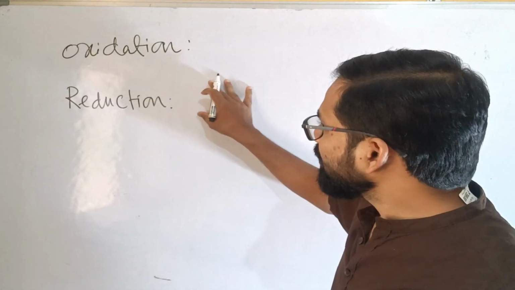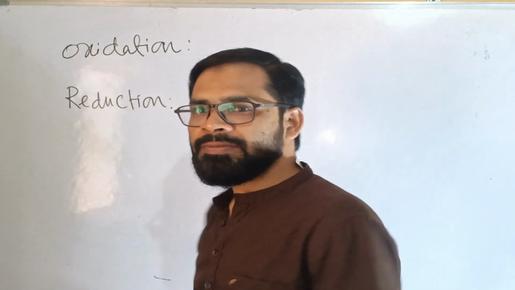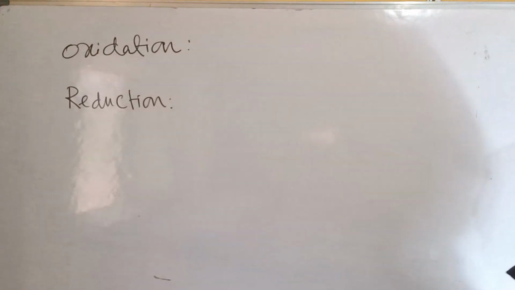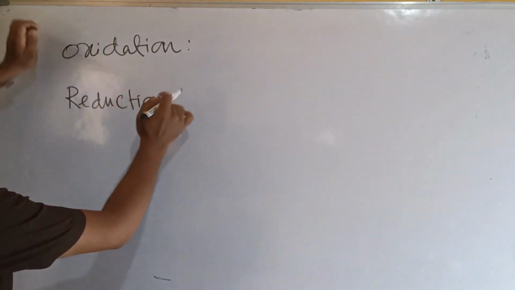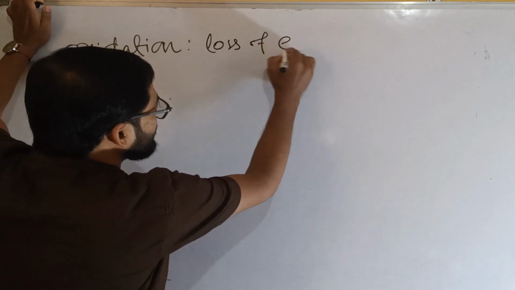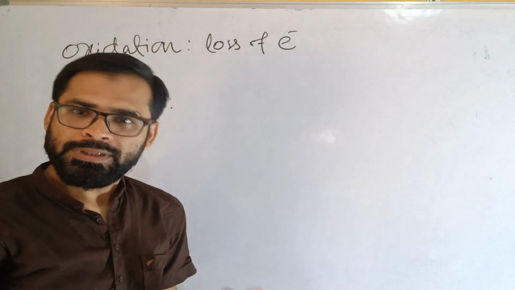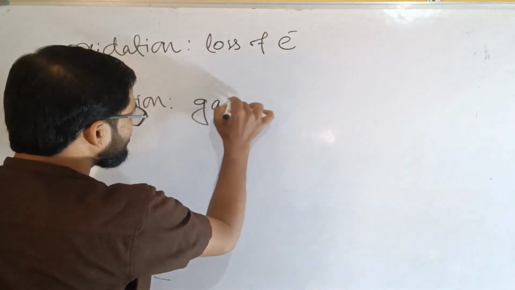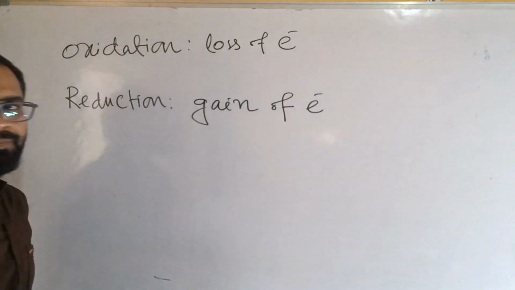But here we will see it on the basis of electrons. Here oxidation means loss of electrons. Reduction means gain of electrons.